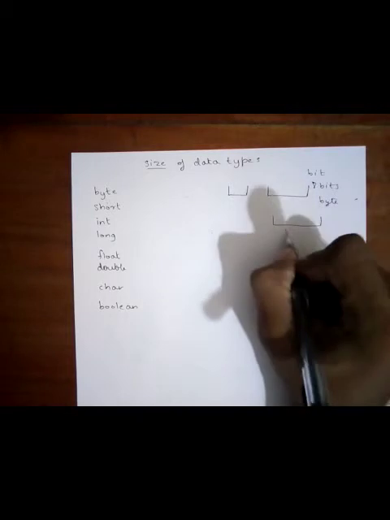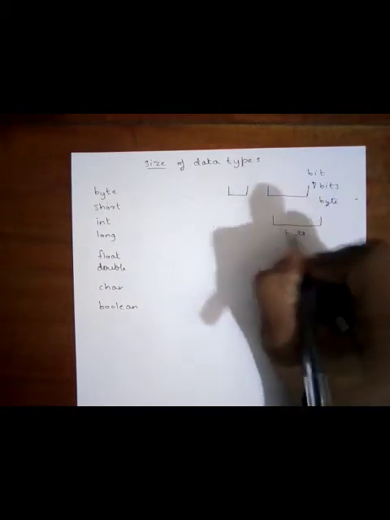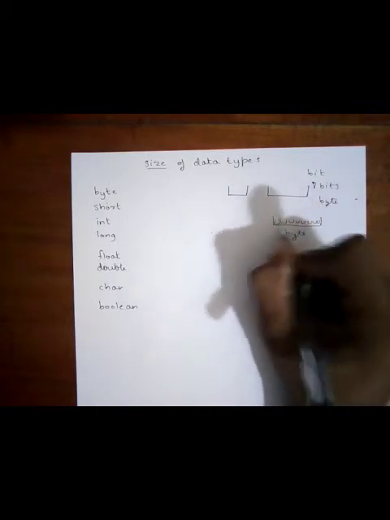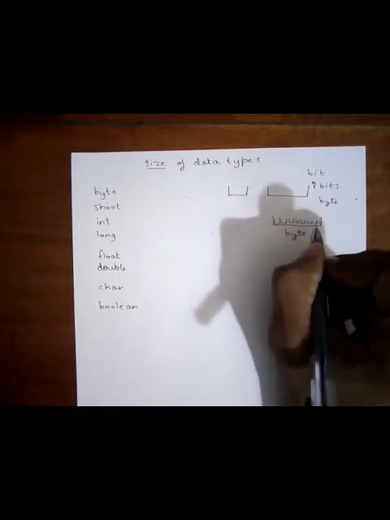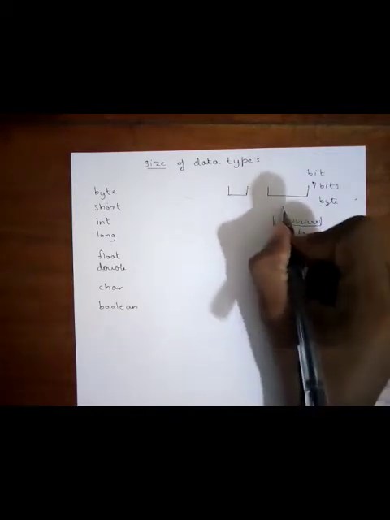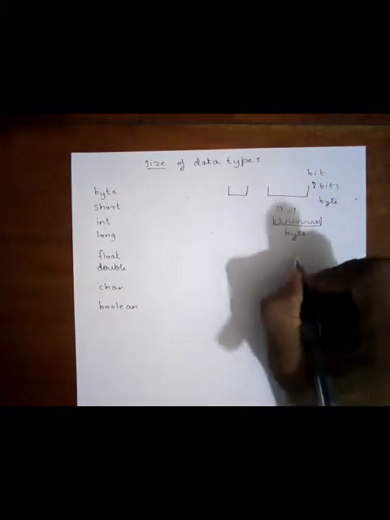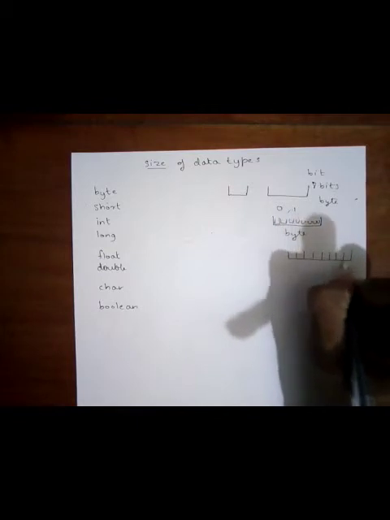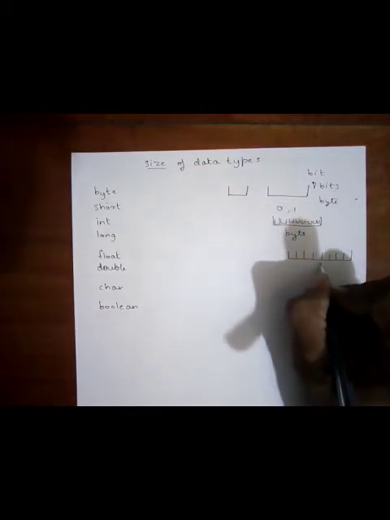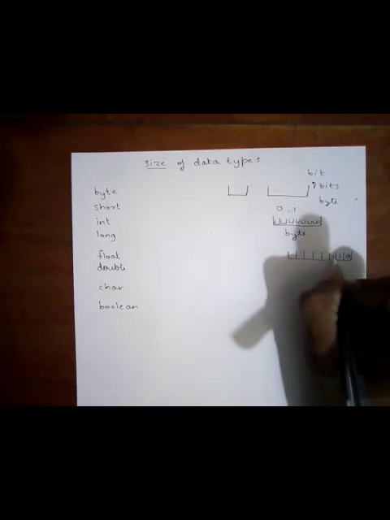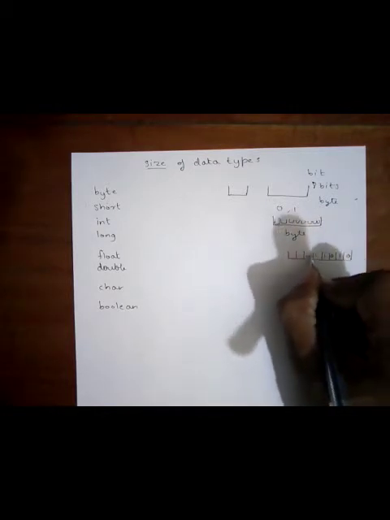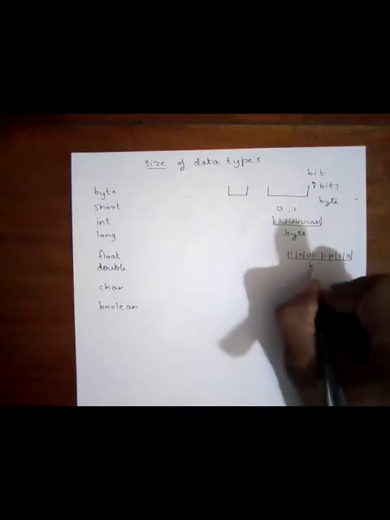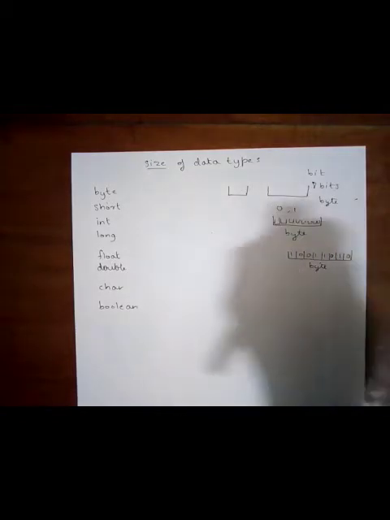So if the size is 1 byte, it means it has 8 small bits inside it. And a bit can hold one value, either 0 or 1. So it could hold any kind of combination of numbers inside a byte. So that's the size.